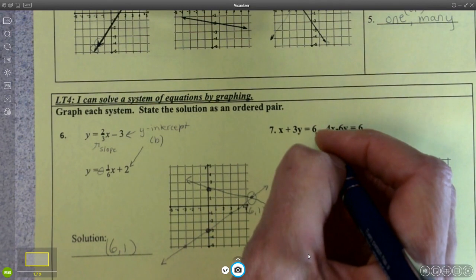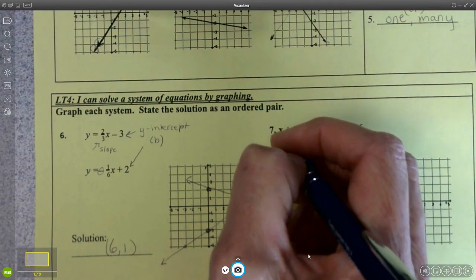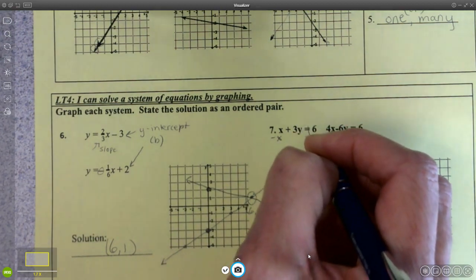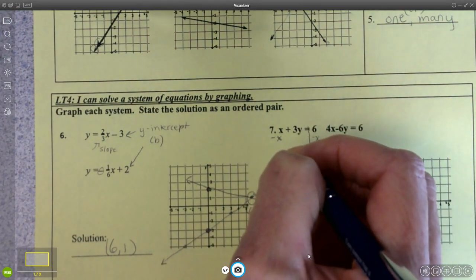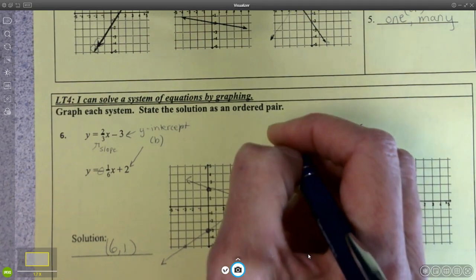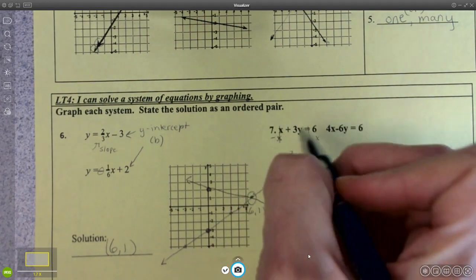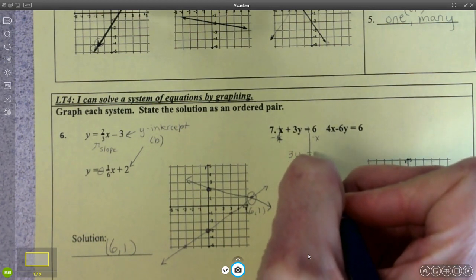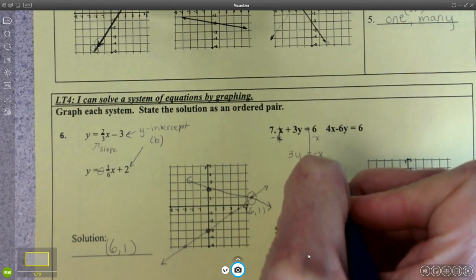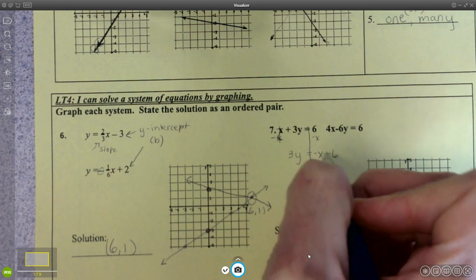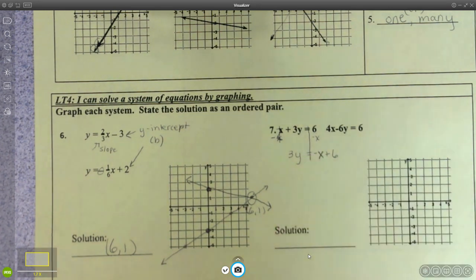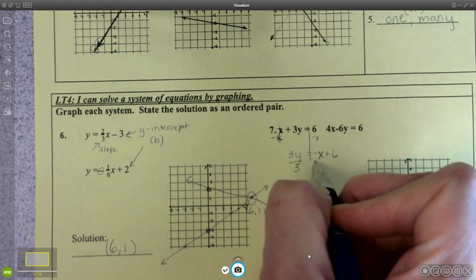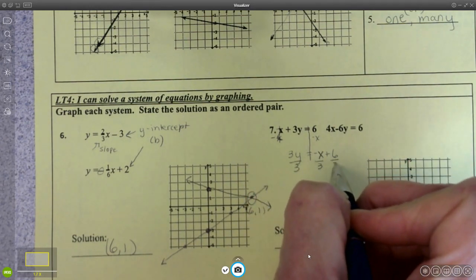So to do that, I'm going to have to subtract 6x from both sides here. And I'm going to have 3y, that turns into 0, so I can 0 it out. I'm going to have 3y equals negative x plus 6. And I have to have it in y equals mx plus b form, so I'm going to have to divide every single term by 3.